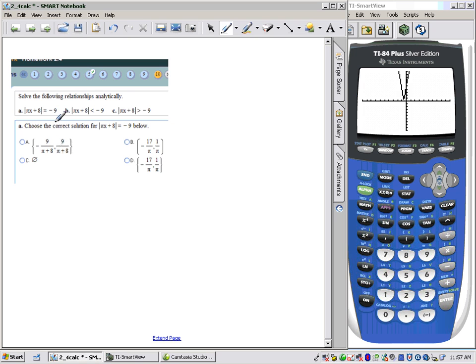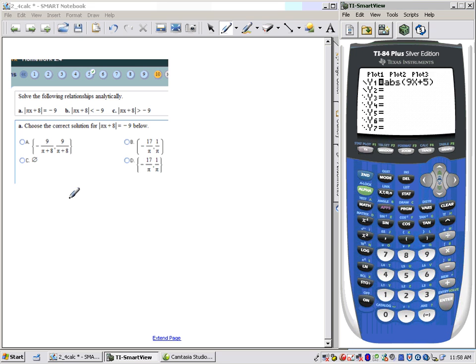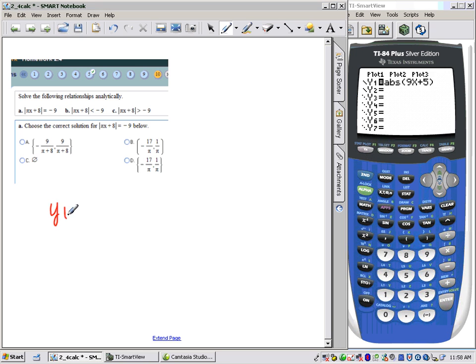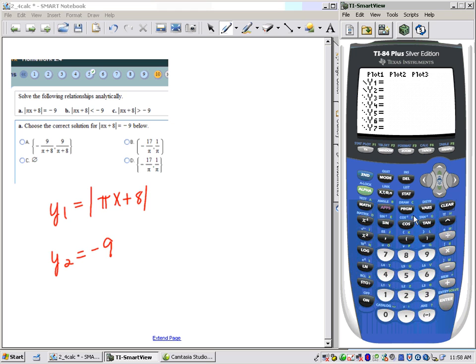The next problem, how to find out where absolute value of pi x plus 8 is equal to -9. Well, here again we could use the graphing calculator. In y1 we could enter absolute value of pi x plus 8, and in y2 we could enter -9 and see where they intersect. So press math, go to number, and select option 1.